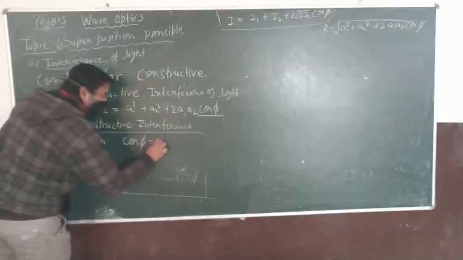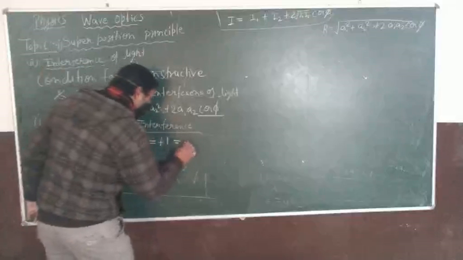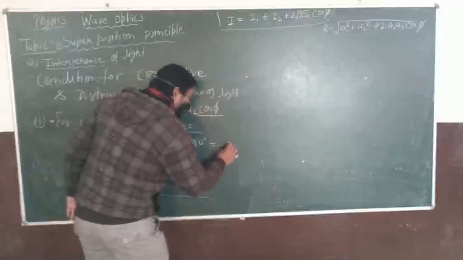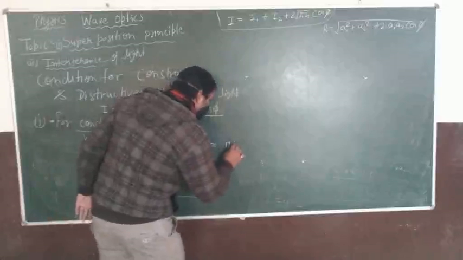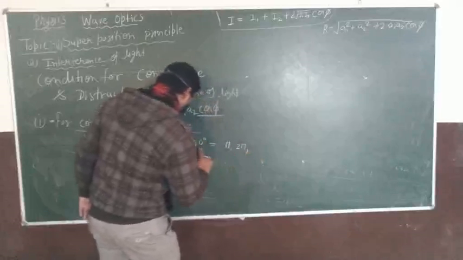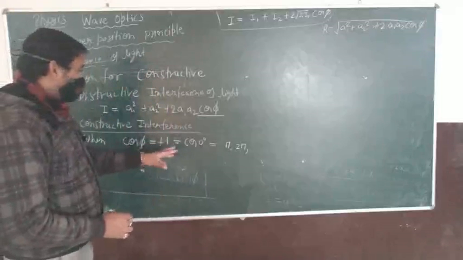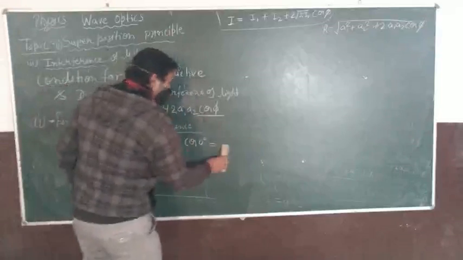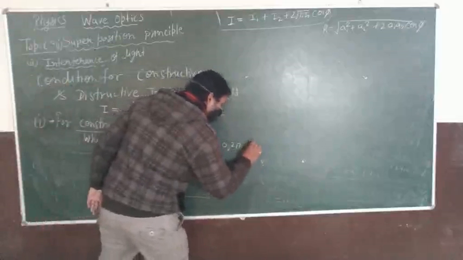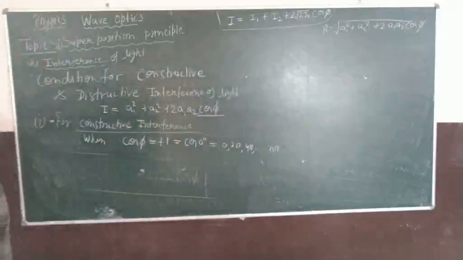Cos phi is positive one when the value of phi is 0 degree, or 2 pi, 4 pi, and so on.